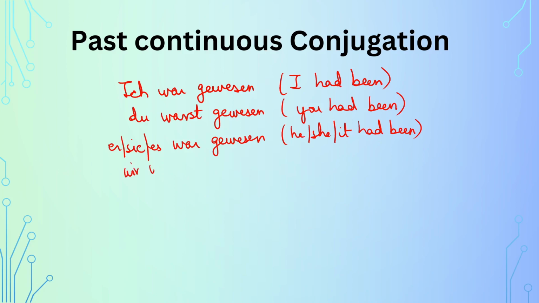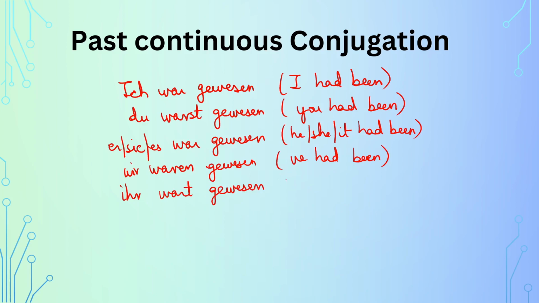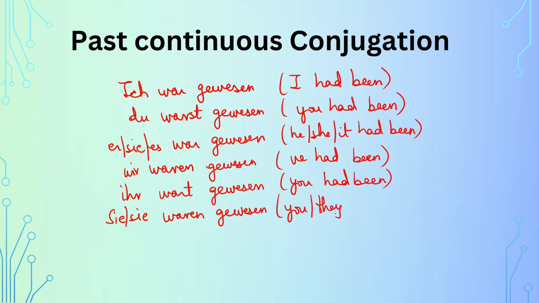Wir waren gewesen. We had been. Ihr wart gewesen. You had been. Sie waren gewesen. You or they had been.